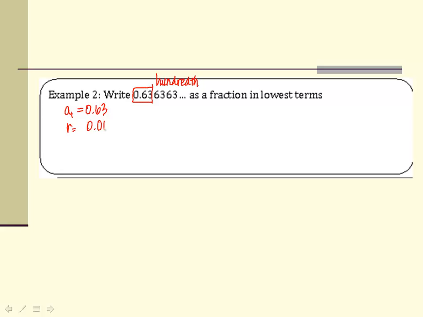Okay, so let's do this. The infinite sum then is 0.63 divided by 1 minus 0.01. So 0.63 over 0.99. Because these are both 2 decimal places, I'm going to multiply by 100. So 63 over 99. If it reduces, you should reduce.